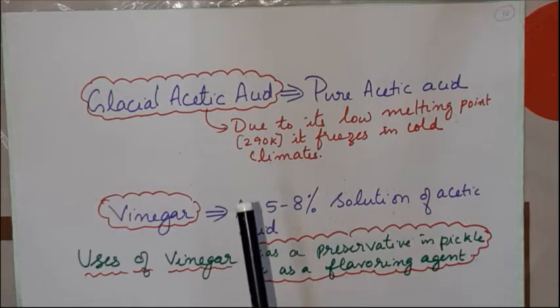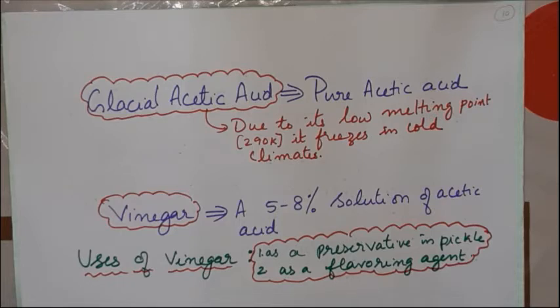Because of its low melting point, during very low temperatures, that is cold climatic conditions, it freezes. Hence, it has the appearance of a glacier. So glacial acetic acid solidifies or freezes in cold climates due to its low melting point. It doesn't contain water content at all.